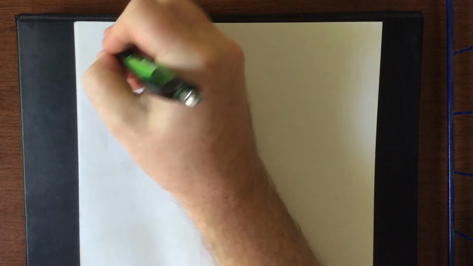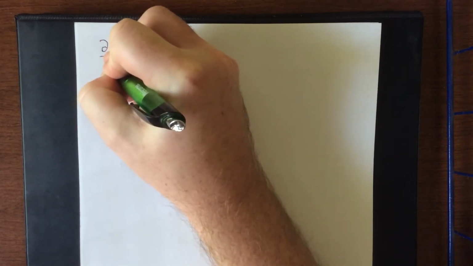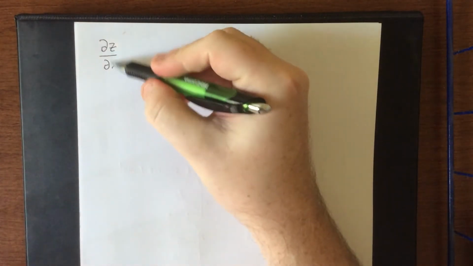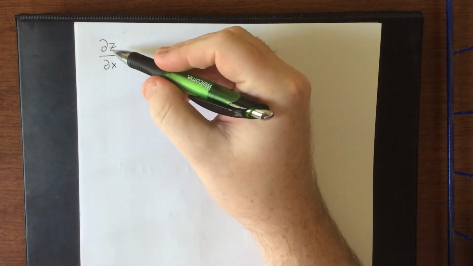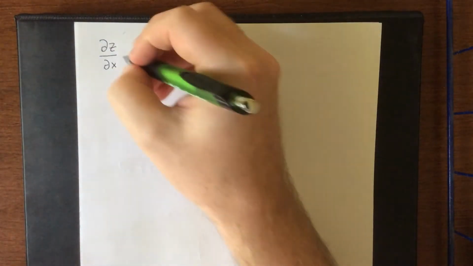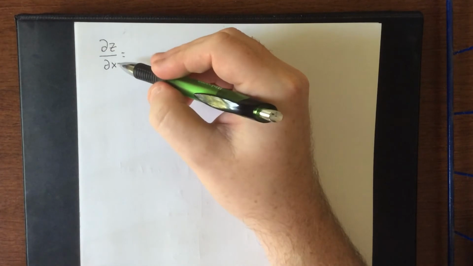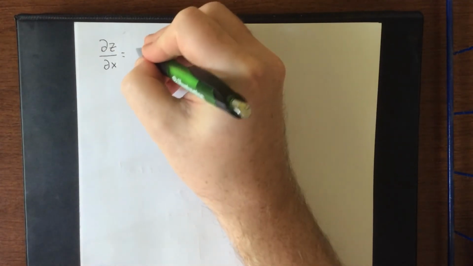So the 2 different derivatives that we have, first one is referred to as the partial derivative of z with respect to x. Now you'll notice that the d's that I'm using for the partial derivative look a little bit different. This is a version of a lowercase delta. This is essentially what you would see as far as the Leibniz notation of a derivative is concerned.